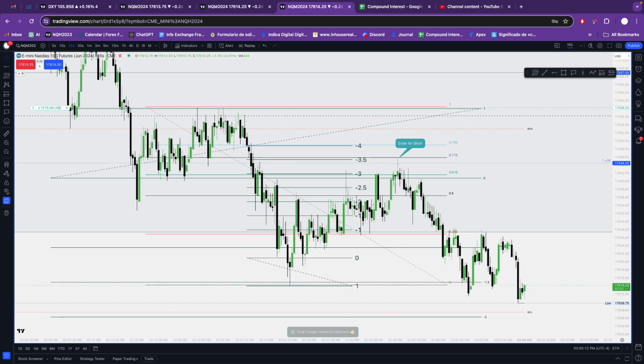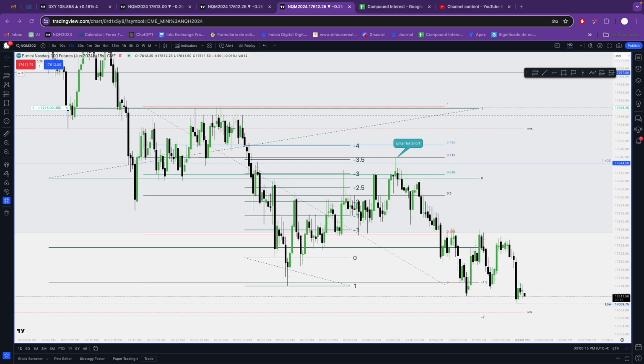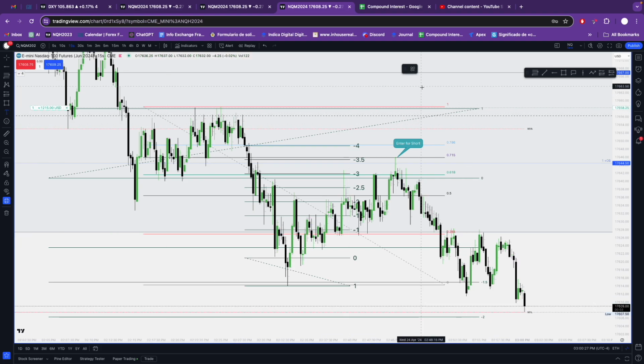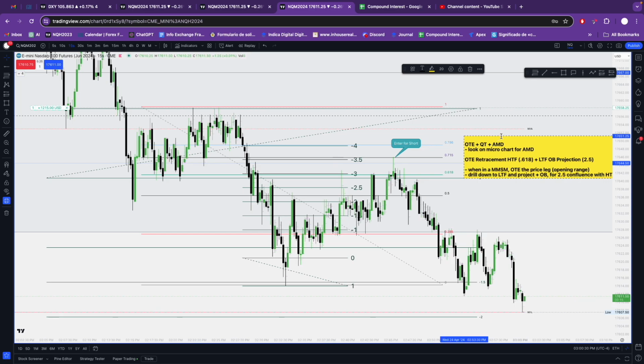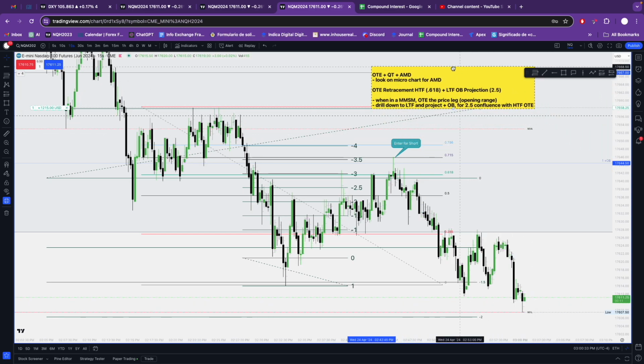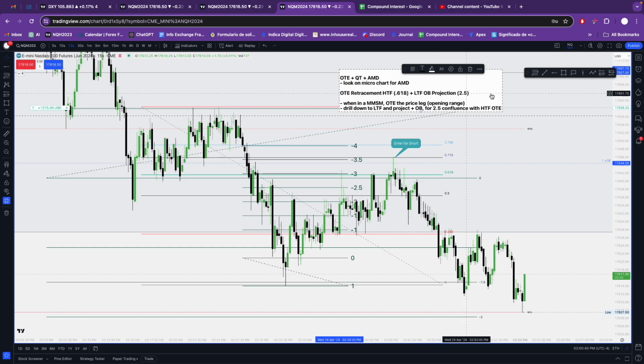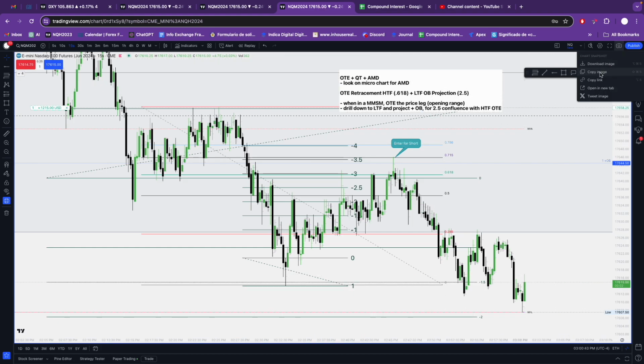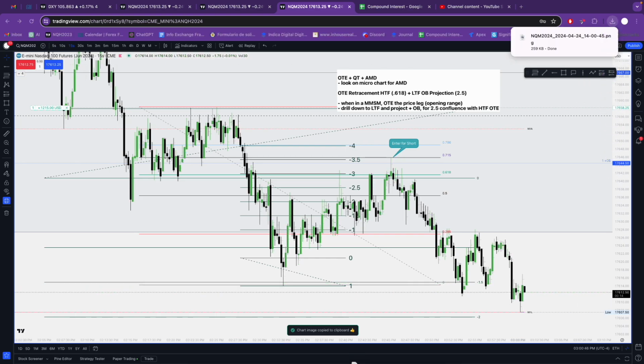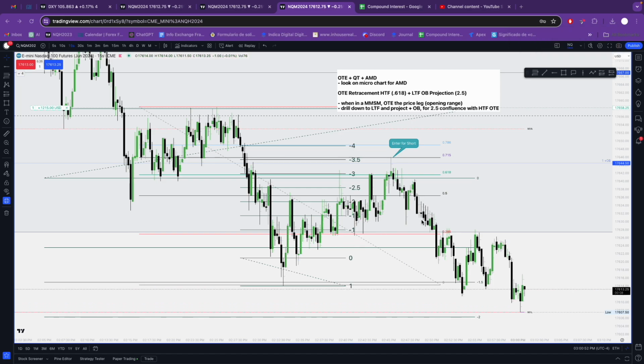Copy that. And then we can just copy image, download the image. And that's it.